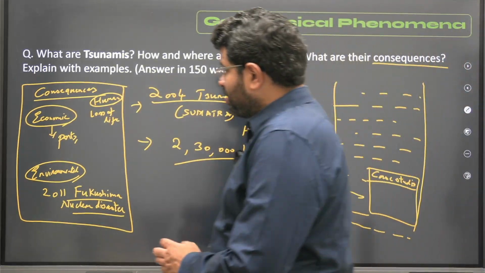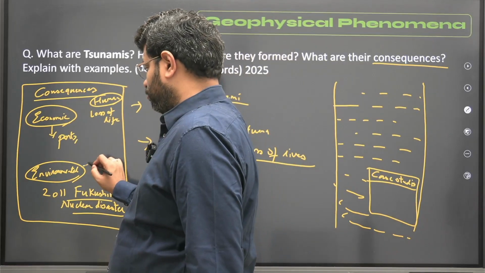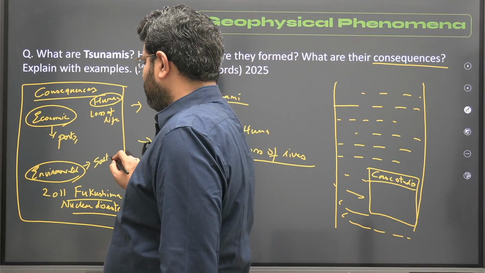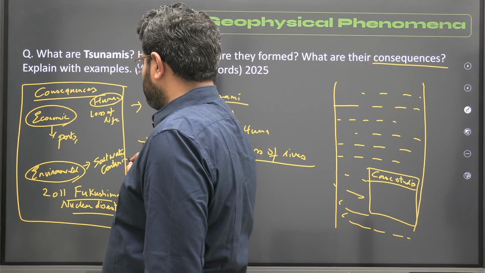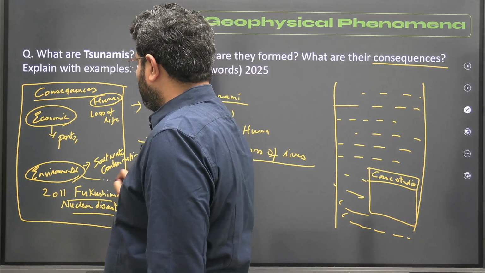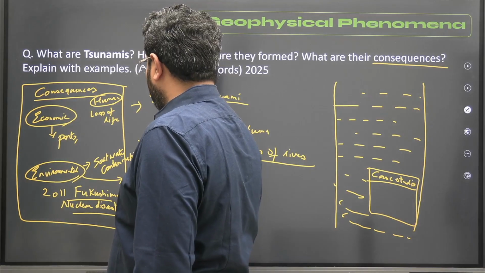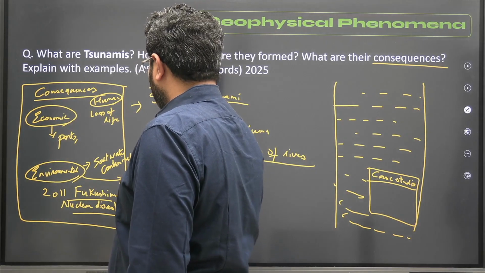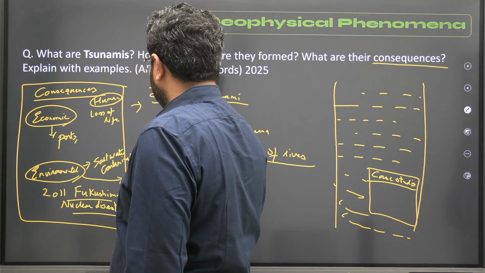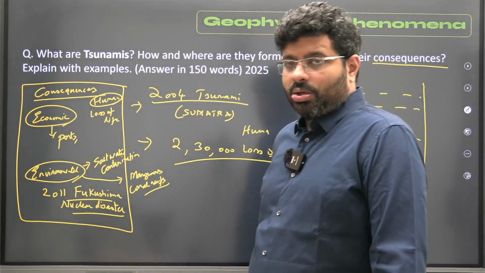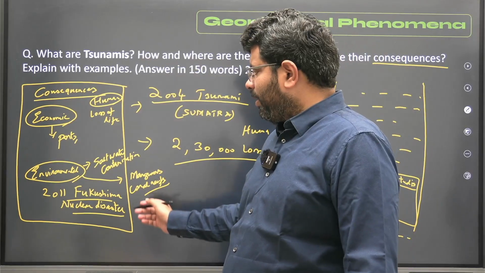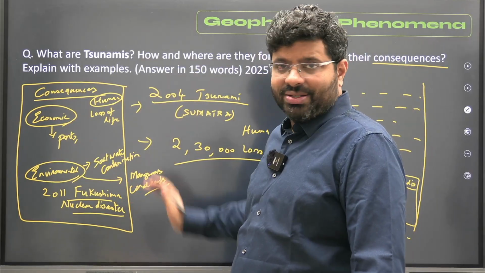You can also mention how salt water contamination might happen. You can also mention how it impacts the mangroves, the coral reefs, all the coastal ecosystems, how they are impacted. You can mention one line.